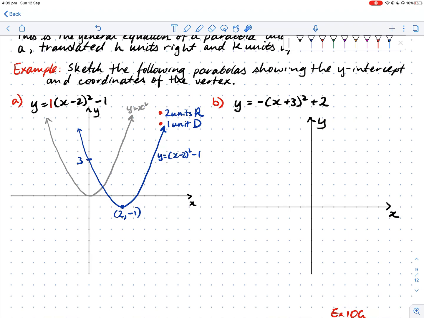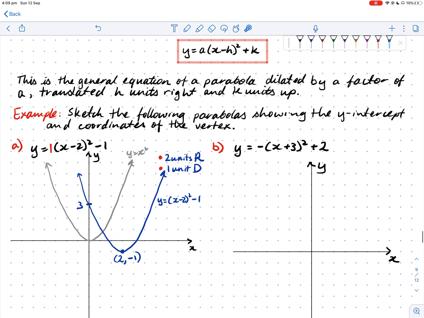With example B, again, we need to look at each of these values, a, h, and k. You can see the a value is negative 1. So if it's negative 1, we know it's going to be an upside down parabola. The second thing we know, if we're looking at the h value, that's a plus 3. And remember, it was minus h.